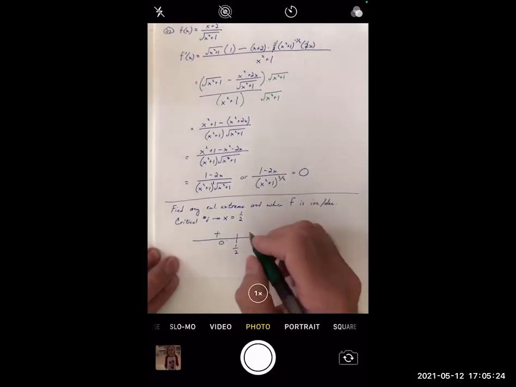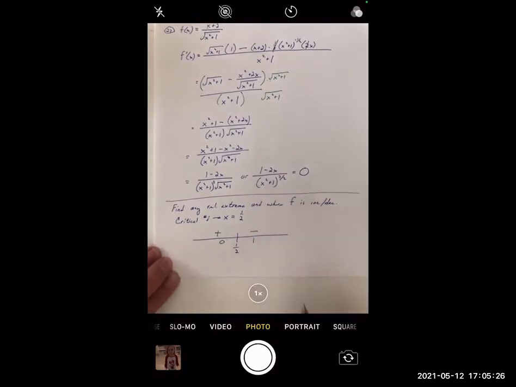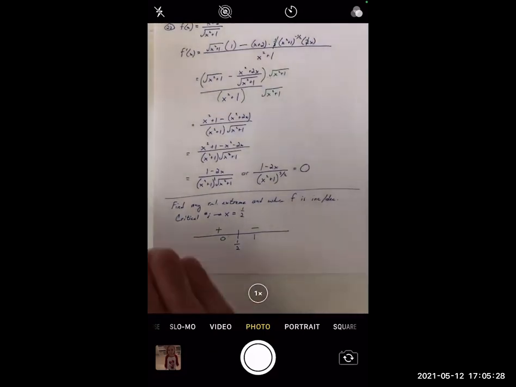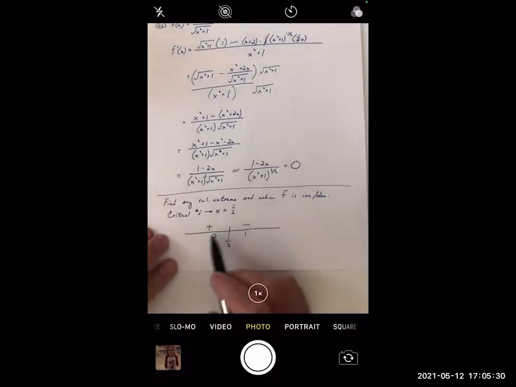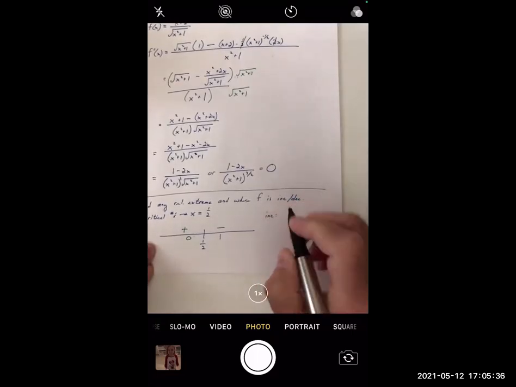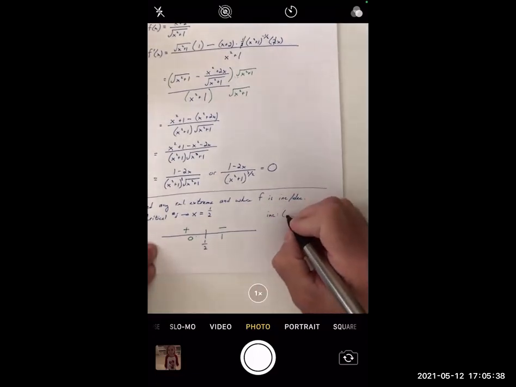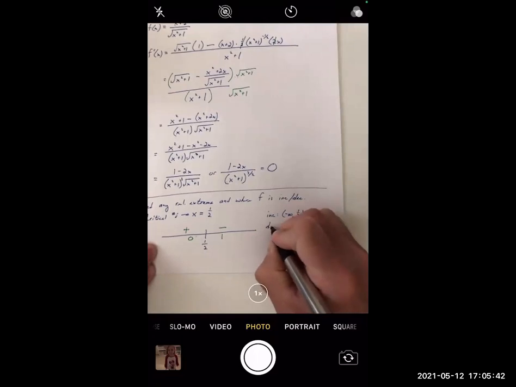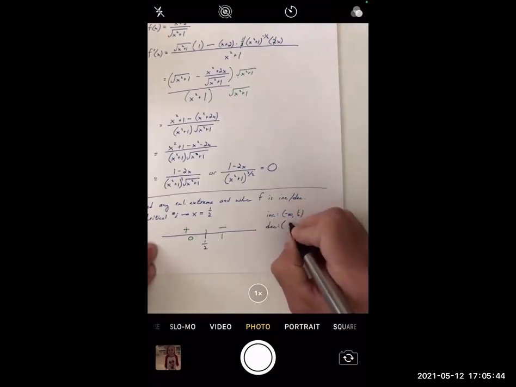Negative. Okay, so those are the only things to test. So we know it's increasing from negative infinity to 1/2, and then decreasing from 1/2 to infinity.